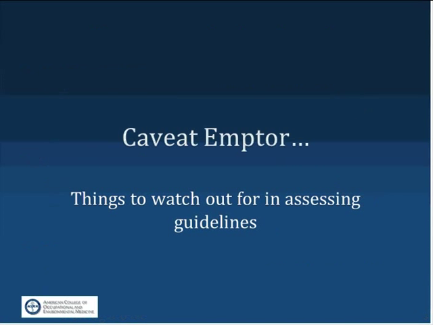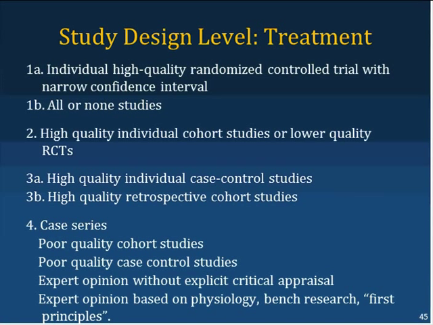Now, when you're looking at what guidelines to use, so we're trying to be a little broader than ACOEM guidelines, you're going to see stuff like this. This came off the Oxford Center for Evidence-Based Medicine website. It exists in other places. This is the level of confidence somebody would have that a study design, if executed properly, would produce reproducible outcomes.